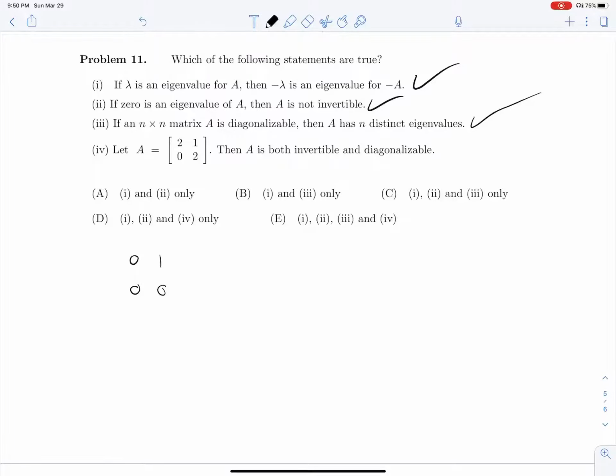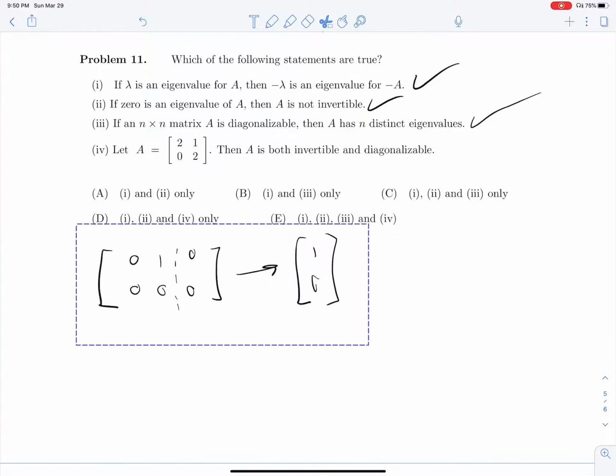And when we solve this augmented matrix to give us our eigenvector, we're going to see that this solution is 1, 0. And since we only have one eigenvector, we would need 2 to be diagonalizable.